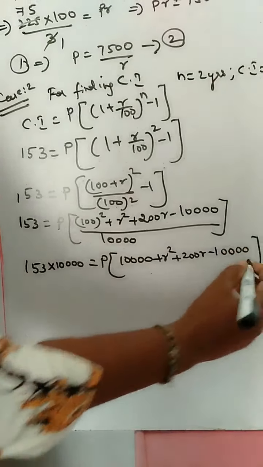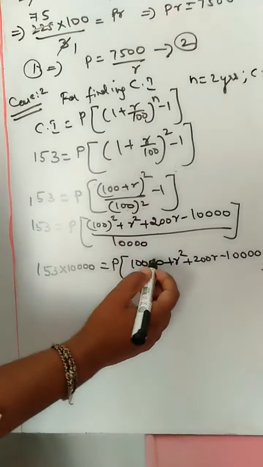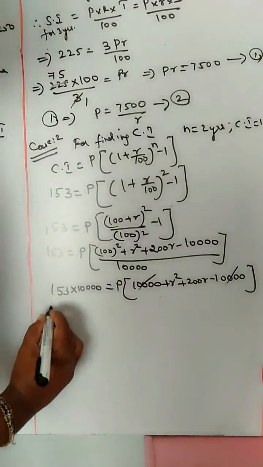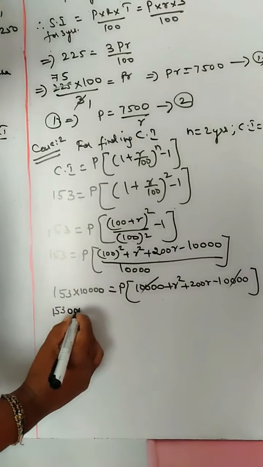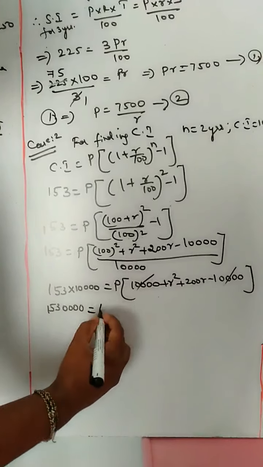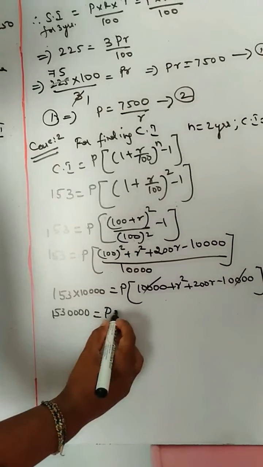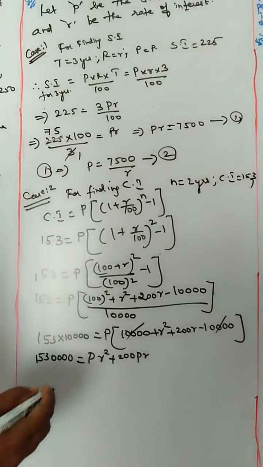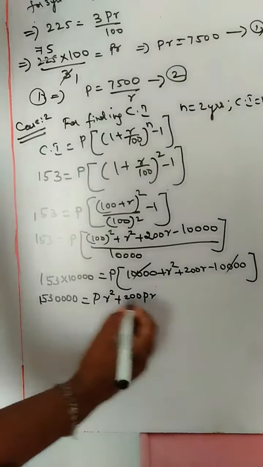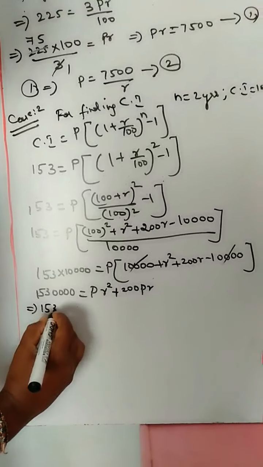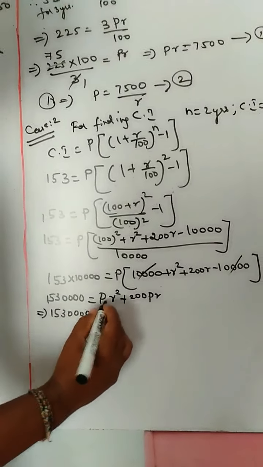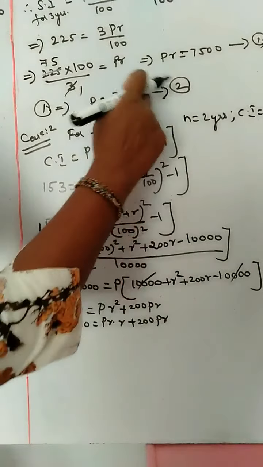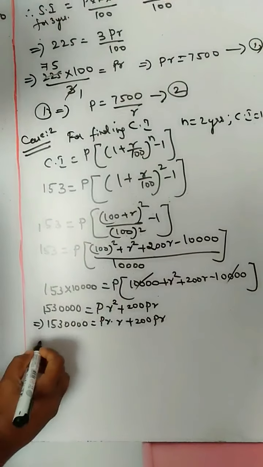The 10,000 minus 10,000 will get cancelled, which gives 15300, which is equal to, multiplying this with P, PR square plus 200PR. Splitting this, PR square as PR into R plus 200PR. Then substitute the value of PR as 7,500 using 1.